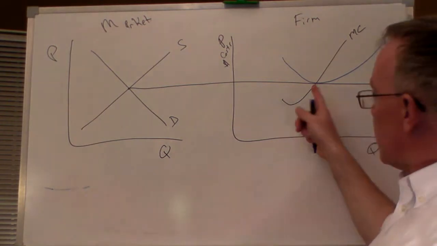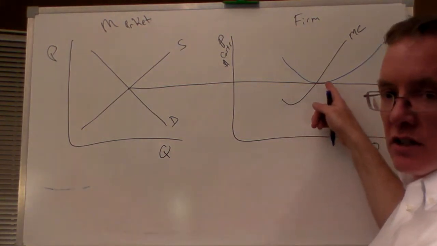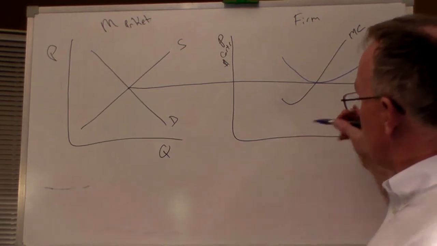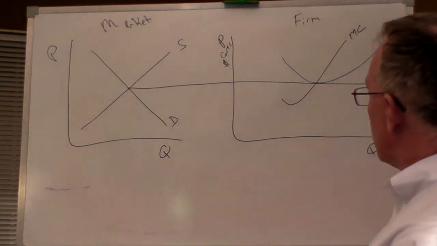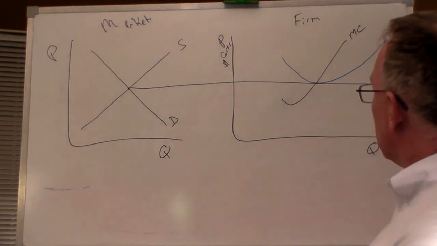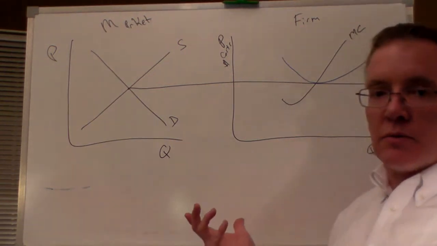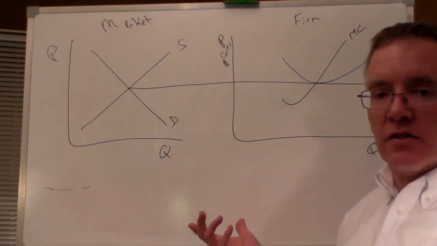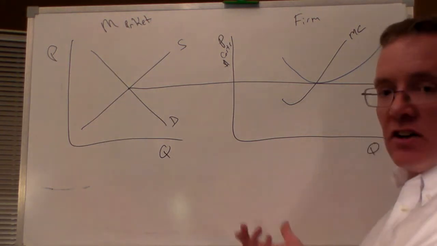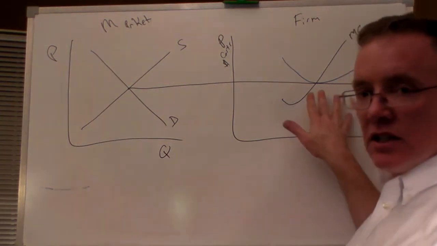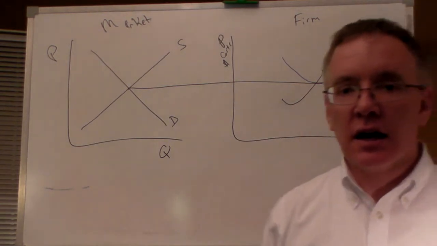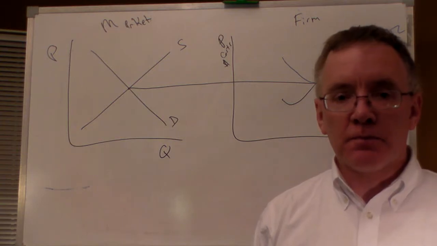The minimum average total cost, of course, is where average total cost hits marginal cost, and will be at that price. So the economic profit will go to zero, and this is the long-term equilibrium in perfect competition. Zero economic profits for each of the firms, and this is considered efficient because each firm is producing at the minimum average total cost for that firm.